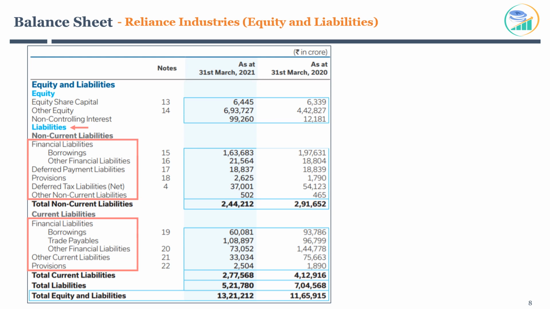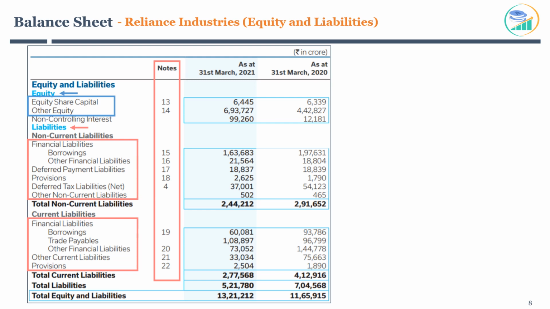The next important component of balance sheet is equity. Equity has 2 main components. Equity share capital and other equity. Equity share capital refers to the funds collected by company through IPO process. Other equity refers to the profit accumulated over the years on balance sheet. You can refer corresponding note in annual report and review details of equity and liabilities classified as current and non-current.